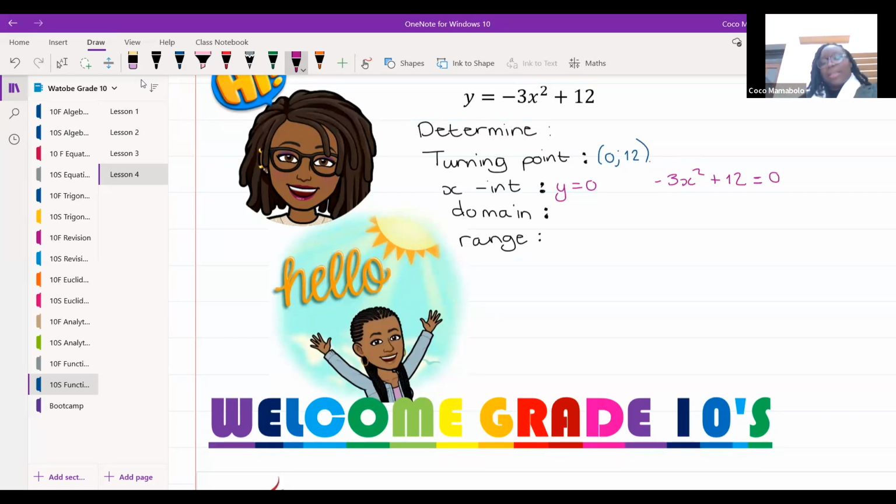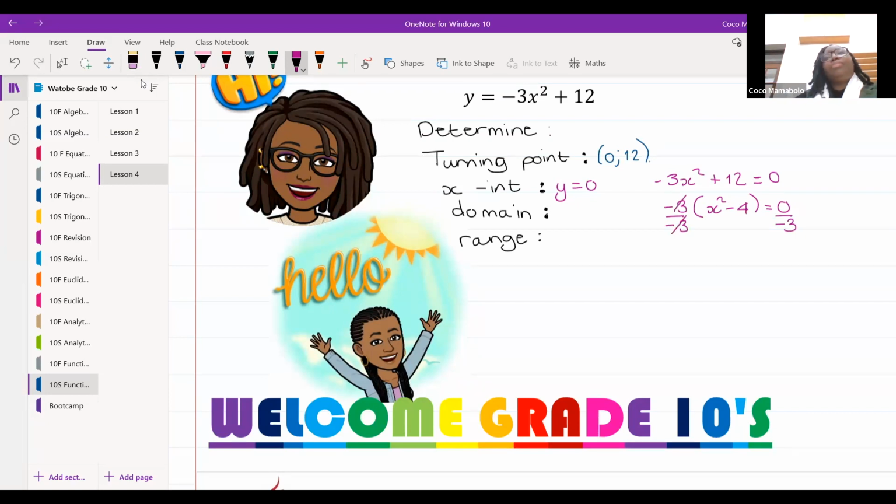All right, what comes next? We're going to take out a common factor, negative 3. Now in our bracket we're going to have x squared minus 4, because we want to make it positive. Then it's equal to 0. Then we divide by negative 3 on both sides, so we cancel out the negative 3.